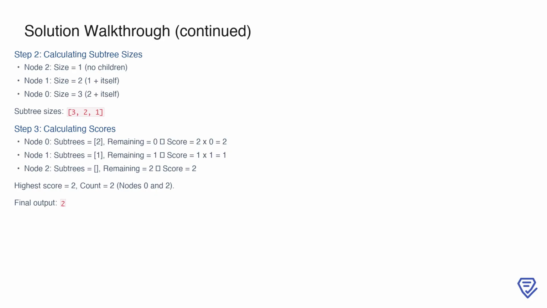Now, for scores, node 0 has a single subtree of size 2, with no remaining tree, so its score is 2 times 0, which equals 2. Node 1 has a single subtree of size 1, with a remaining tree size of 1, giving it a score of 1. Finally, node 2 has no subtrees, but the remaining tree size is 2, giving it a score of 2. The highest score is 2, achieved by nodes 0 and 2. Therefore, the output is 2, indicating two nodes with the highest score.